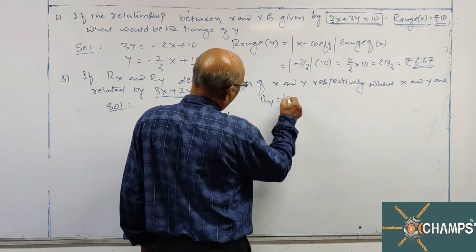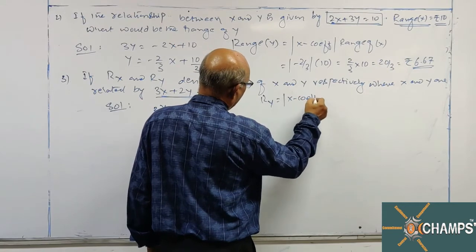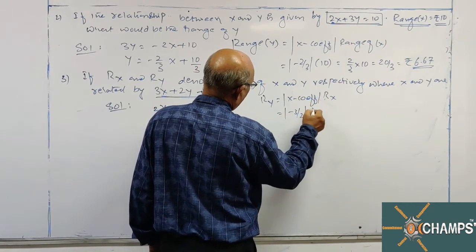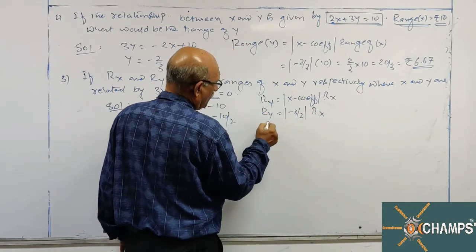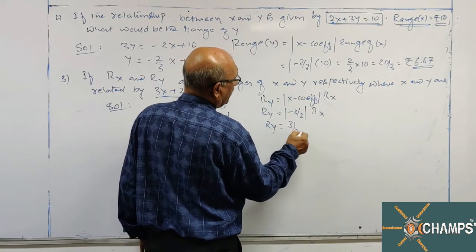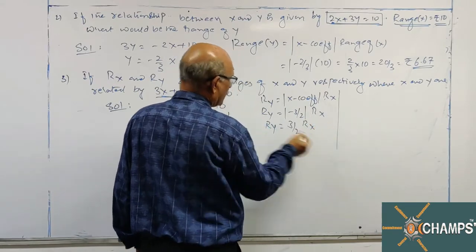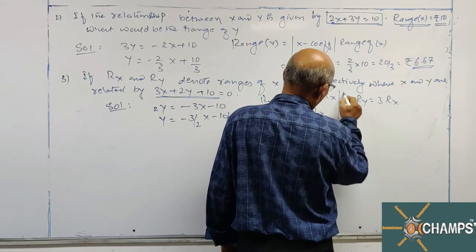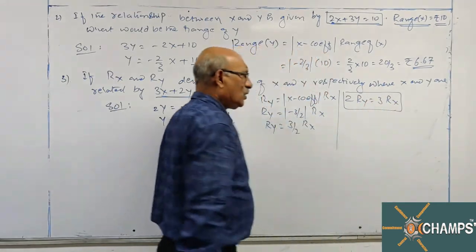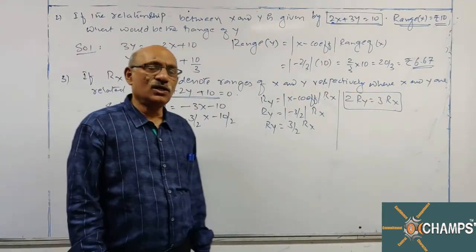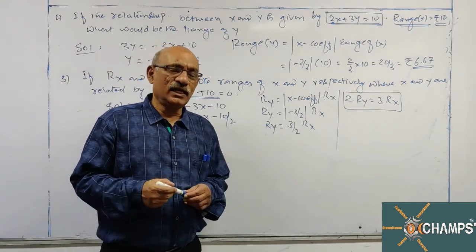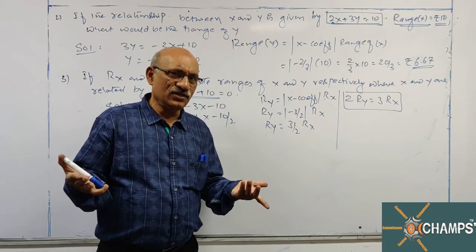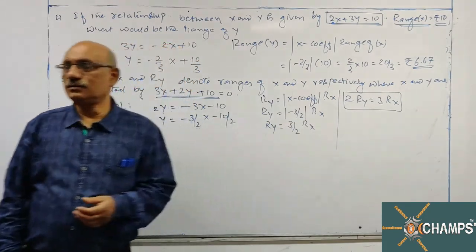Range of y is the modulus of the x coefficient into range of x, so 3 by 2 into range of x. So 2 times range of y is equal to 3 times range of x. That is the relation between the two variables in terms of ranges.